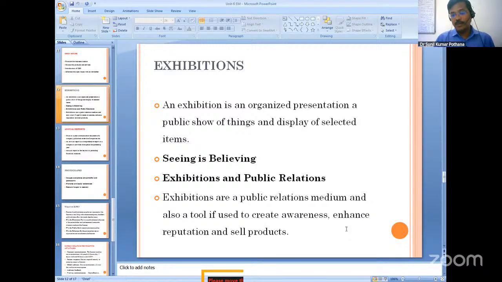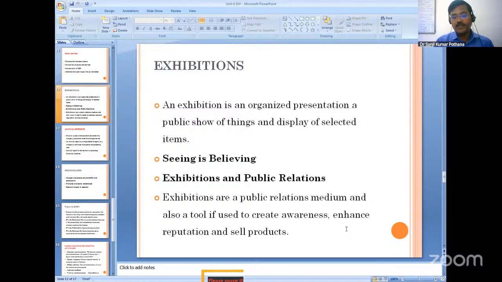Exhibitions and public relations. What is the role of public relations here in the exhibitions? Generally, it's one kind of tool that helps the public relations officer to communicate with their customers, their publics, their stakeholders, their shareholders, various kinds of publics we have already known.